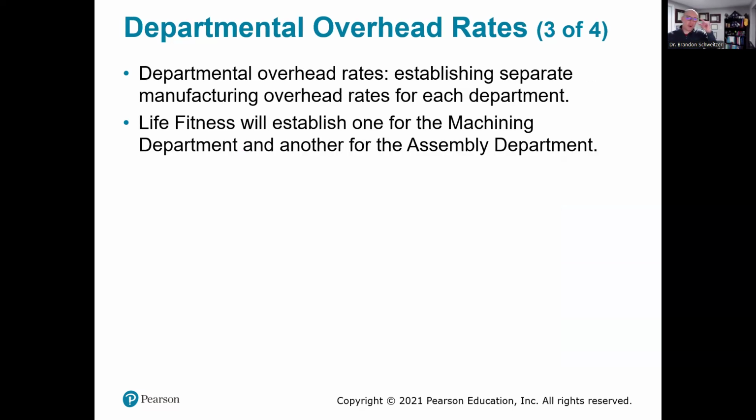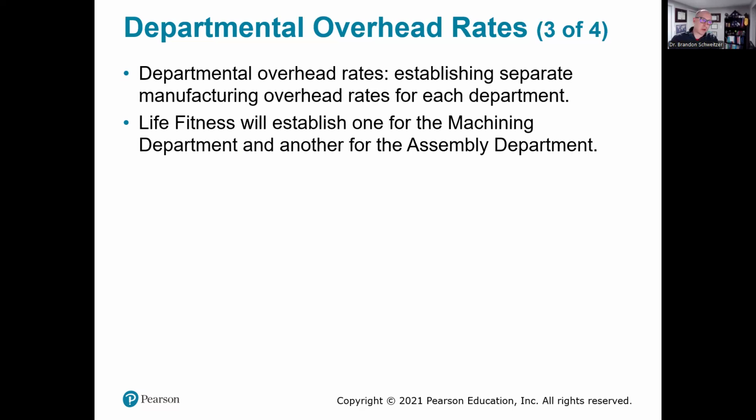So, when it comes to department overhead rates, we try to establish separate manufacturing overhead rates for each individual department. Ultimately, what this does is it helps us to identify the differences between the departments with respect to the amount of hours being used in each department.